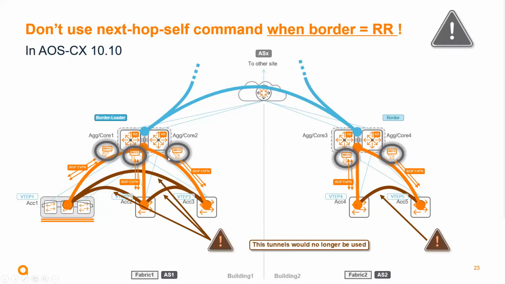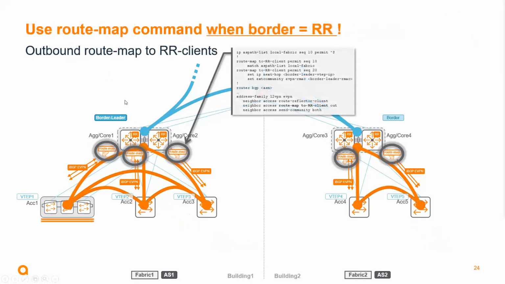It would work, but it would actually not work, because here the data plane would be broken. So what we really need is what I explained before, a route map that is used temporarily in at least 10.10, so that we mimic the Next-Hop Self command. I already explained the route map, so I just put it again here so that it's clear for you. But that's the solution in 10.10.